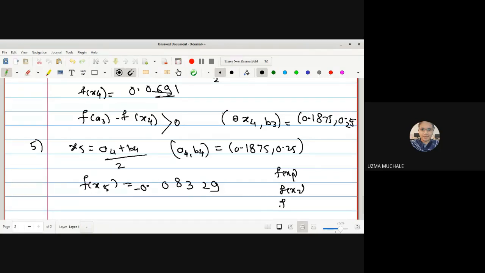Now, you have to compare all the values of f of x1, f of x2, f of x3, and f of x4, and tell me from the comparison which one will be more approximate.